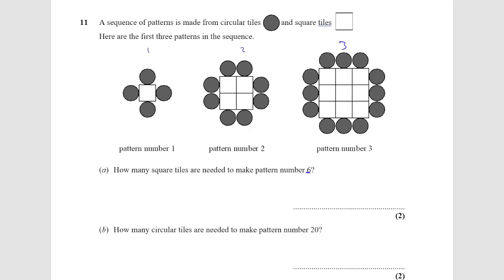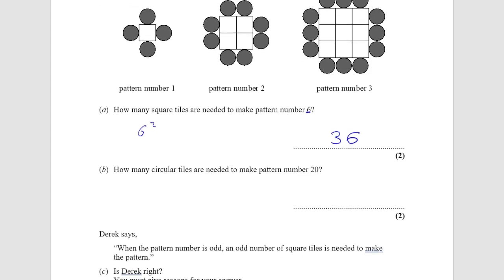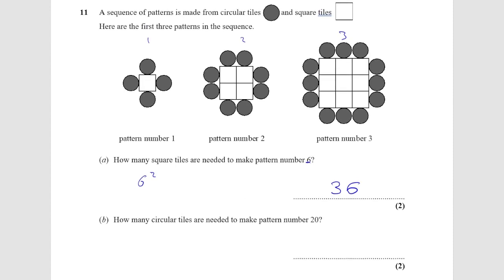We're looking at square numbers, so 1, 4, 9. So pattern number 6 would be 6 squared, so it would be 36. For part B, how many circular tiles are needed to make pattern 20? If we look at the pattern here, it looks like the 4 times table. So pattern number 20 is going to have 20 times by 4, so it would have 80.